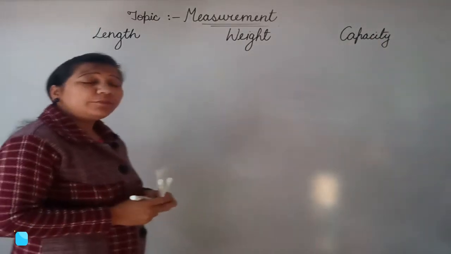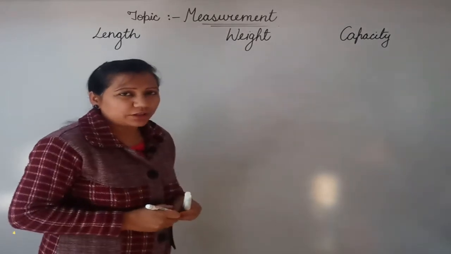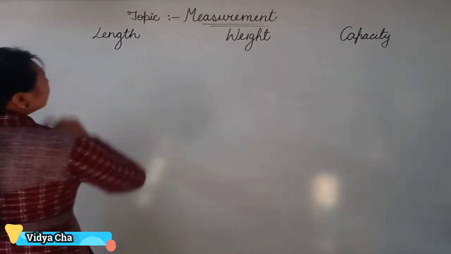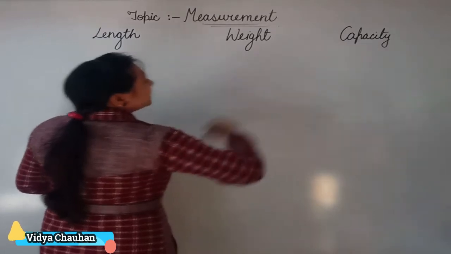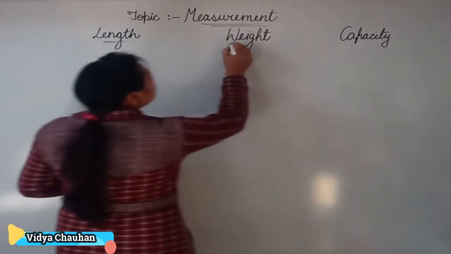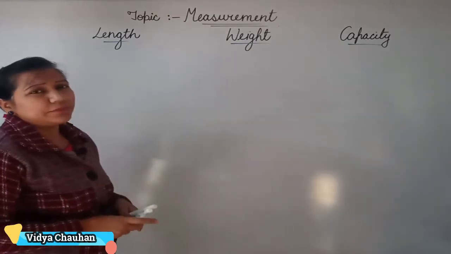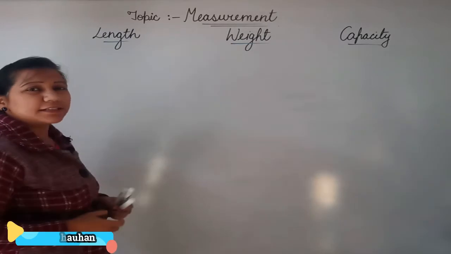So these are the three kinds of measurement, and we do the conversion also in these three kinds of measurement units only. For all these three, length, weight and capacity, they have some specific conversions. What are those conversions? Let us discuss that.